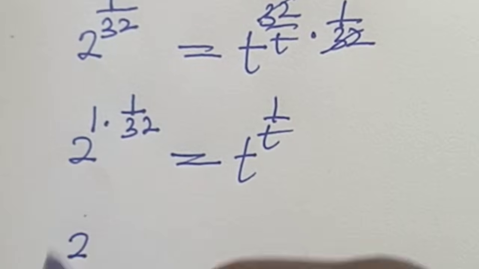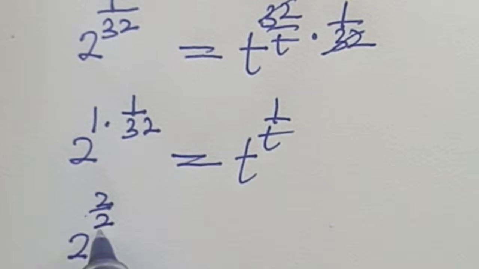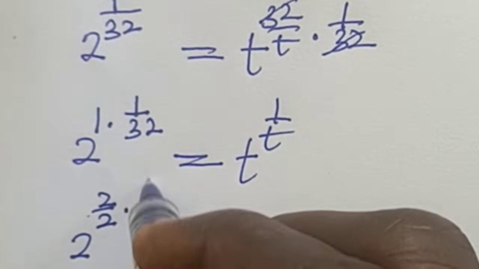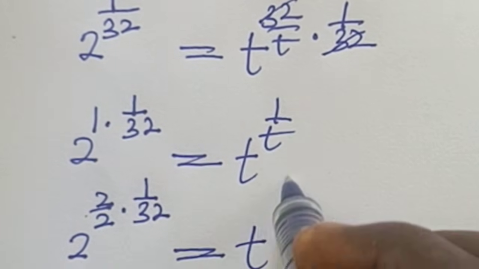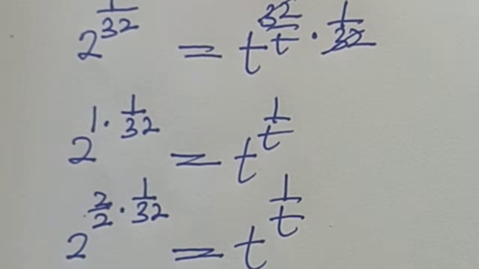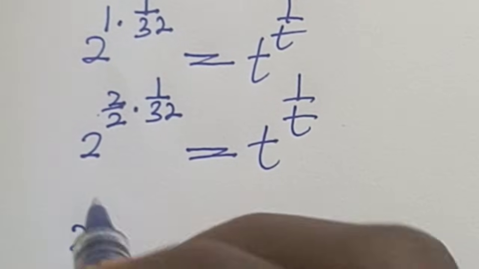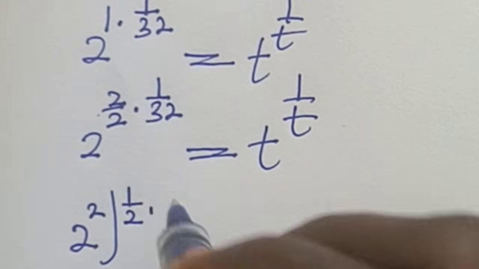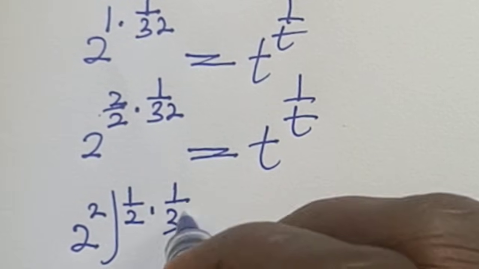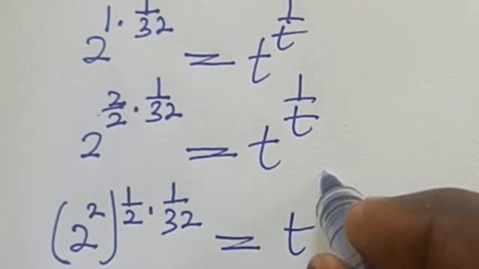So that 1 can be written as 2 over 2, and 2 divided by 2 is 1, times 1 all over 32, all equal to t to the power of 1 over t. And by principle, we can write it as 2 to the power of 2 to the power of 1 over 2 times 1 all over 32, and this equals t to the power of 1 over t.